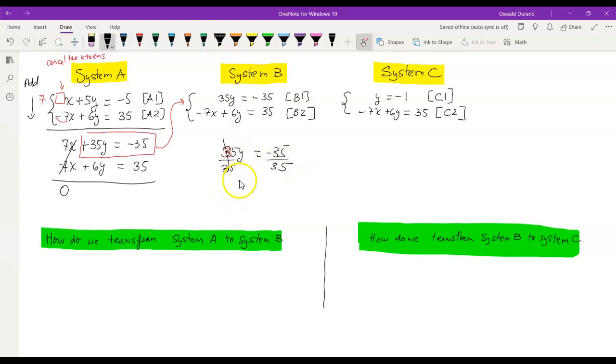And that's y equal to negative 1. That's what I have for my transformed first equation. So I have y equal to negative 1, and then the second equation is the same. And that's basically it. That's how you go through the transformation.